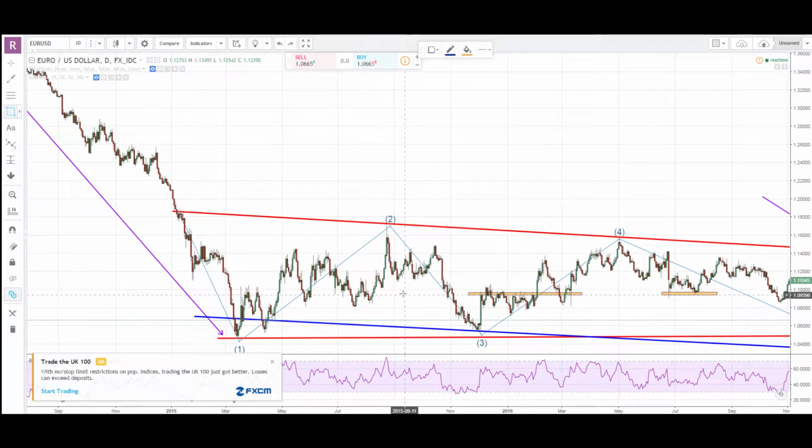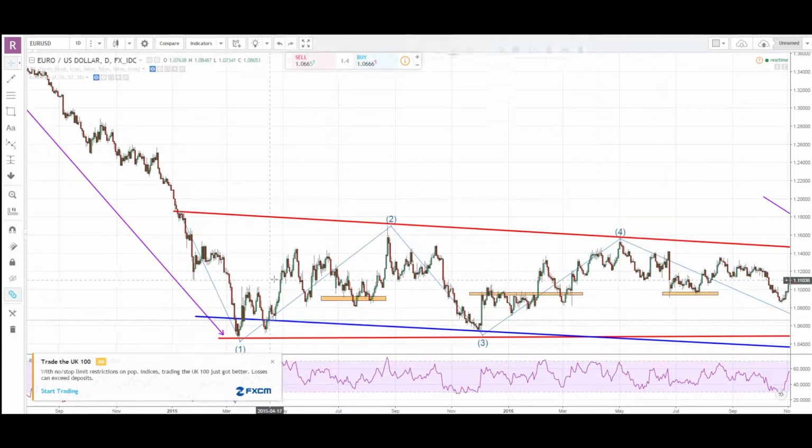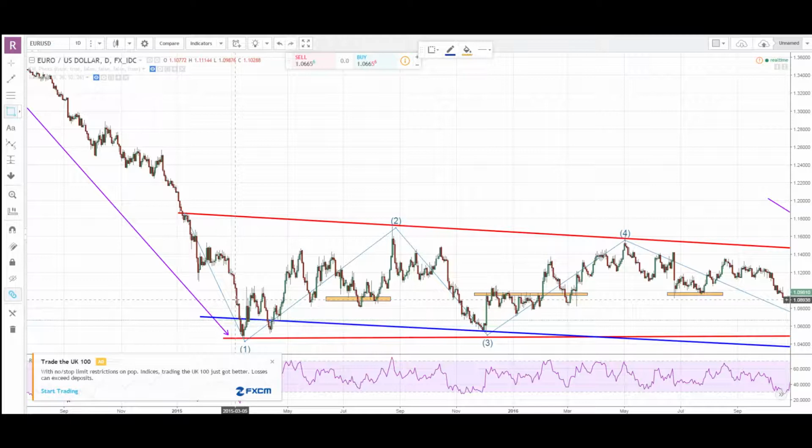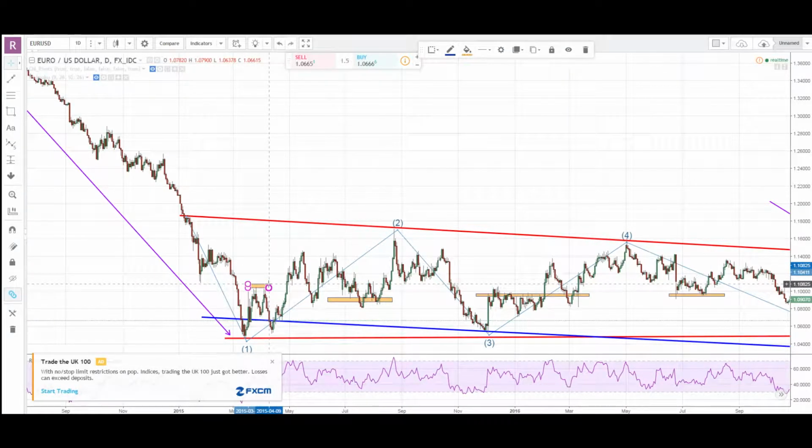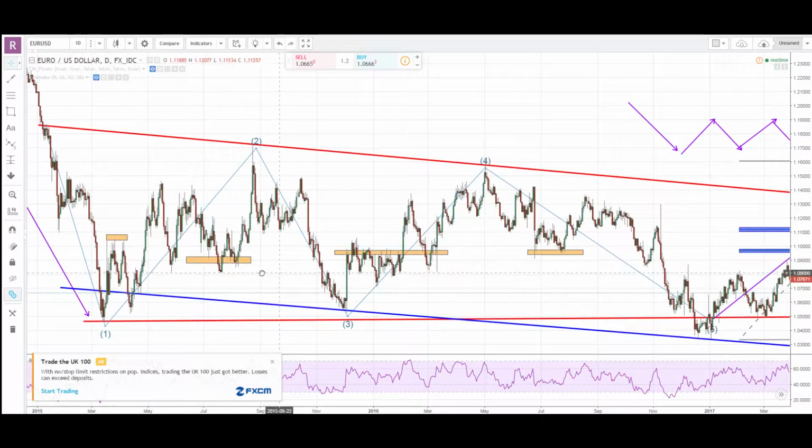I keep going on the left. We find maybe this, but it's not really strong. And we find this, which is not strong, and it's broken. It is the 6th level, I think. I leave them.